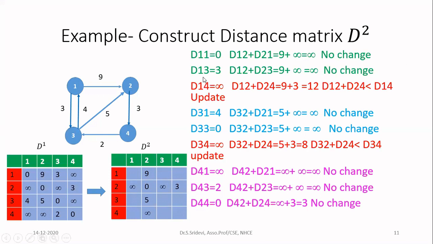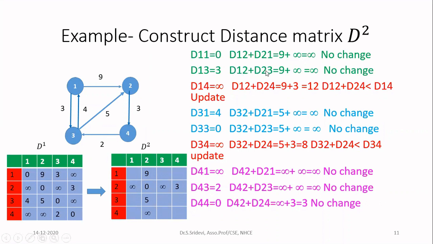Now, let us consider for the next one, D13. D13 is nothing but what is the distance from the node 1 to the node 3. So you go to the row 1, in column 3, you check what is the cost. It is 3. So write it. Now you are going to check if I go from node 1 to 3 through the node 2, will it improve my cost? So I want to go from 1 to 2 first, then 2 to 3.